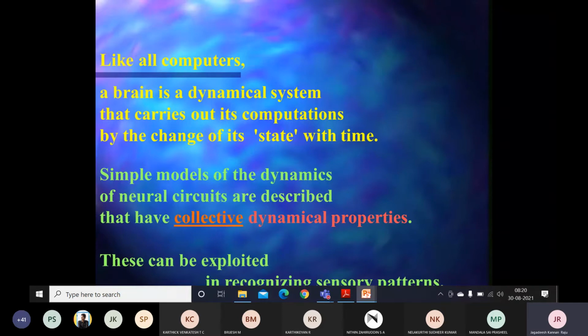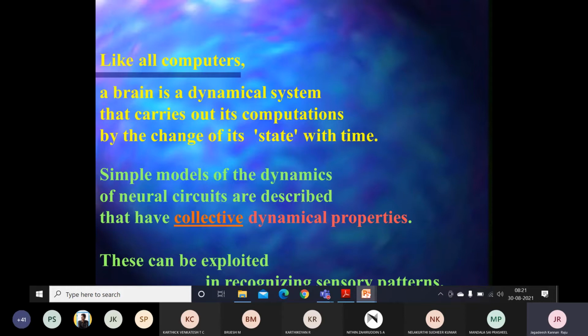The simple models of the dynamics of neural circuits are described as having collective dynamical properties. As a computer works, similarly the neural circuits also work.